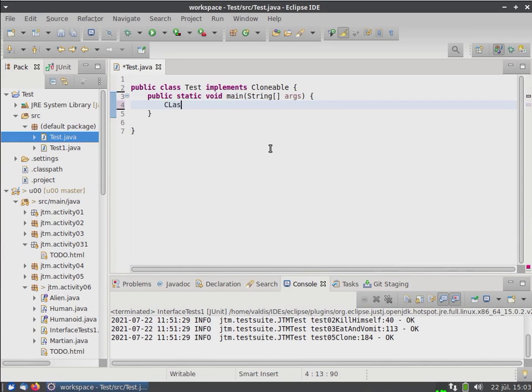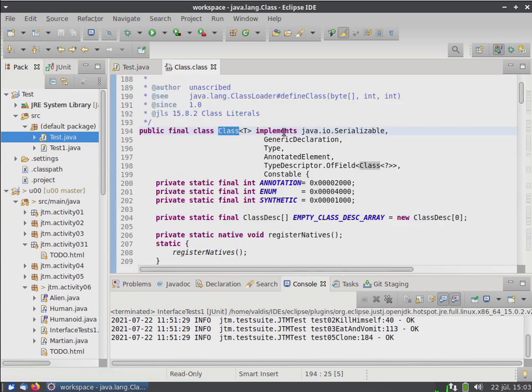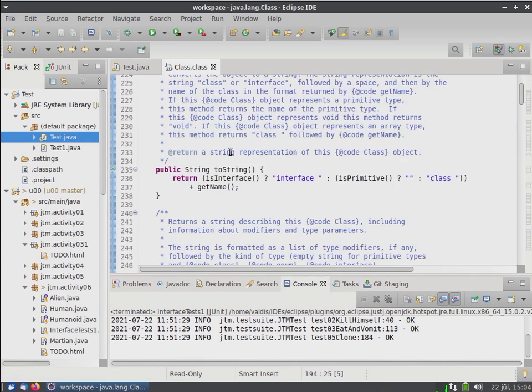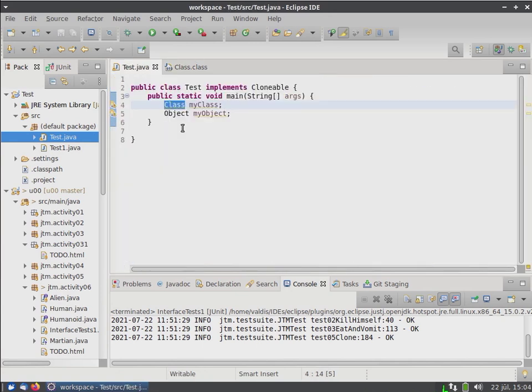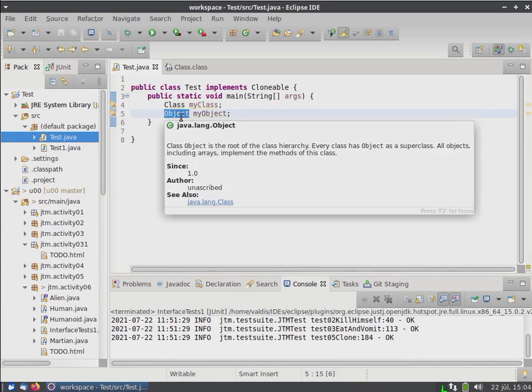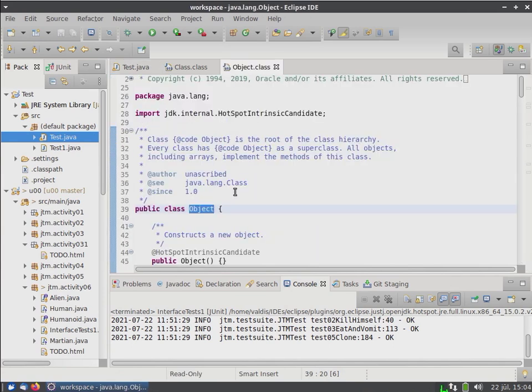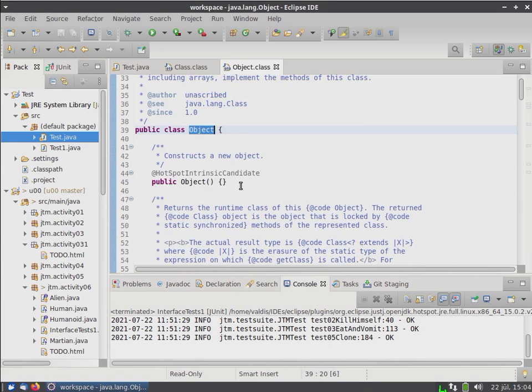Let's introduce mine here. So there is also a class called class, and we can go to the declaration of this class if we have the Java compiler. And there is a class called object, and it's also a class.